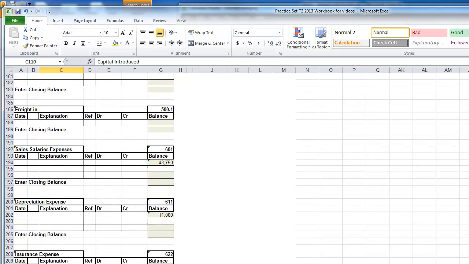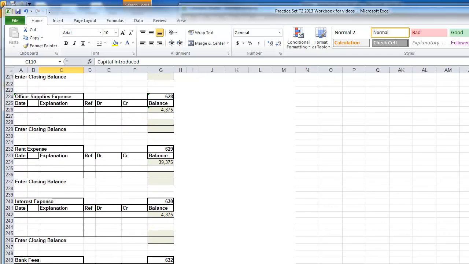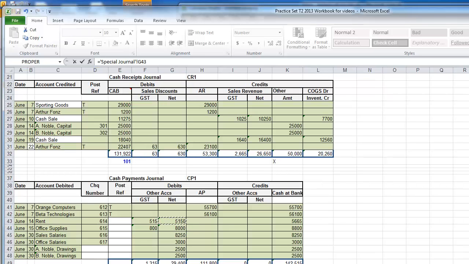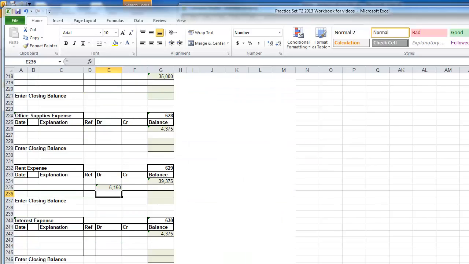But I need to go down to rent. Rent, expense for month, it'll be a debit, it's an expense, the normal balance of an expense is a debit, 5150, cash payments 1, the date, I'll look at that in a bit.